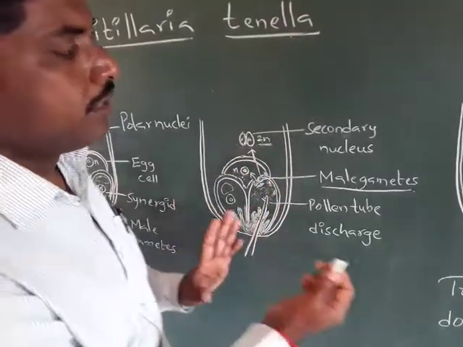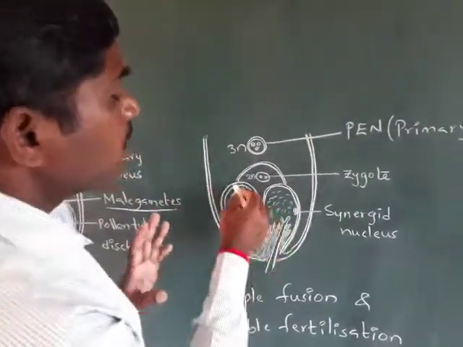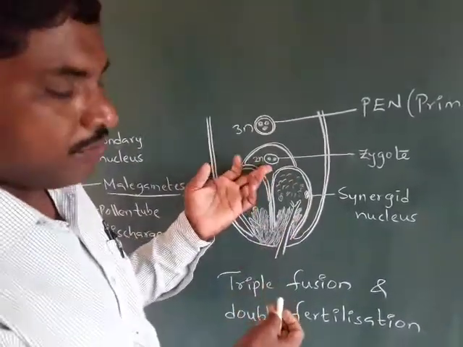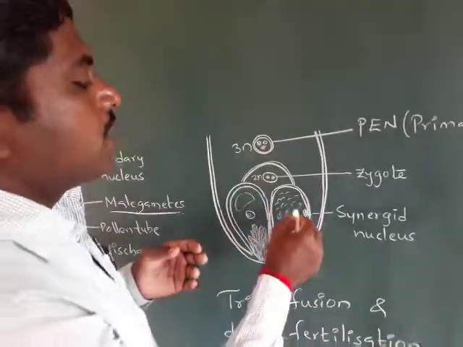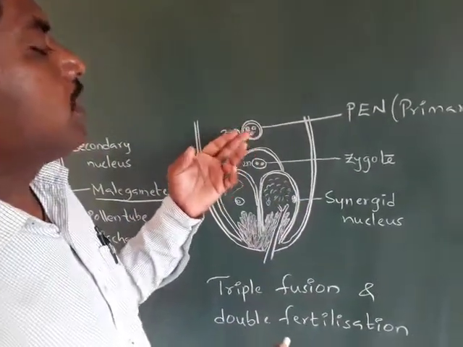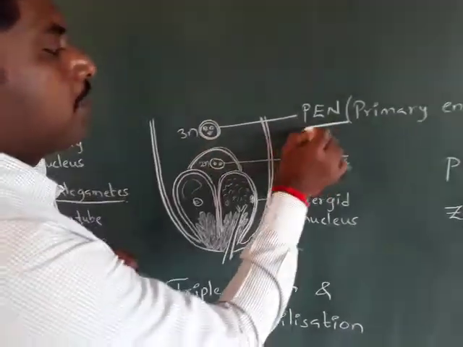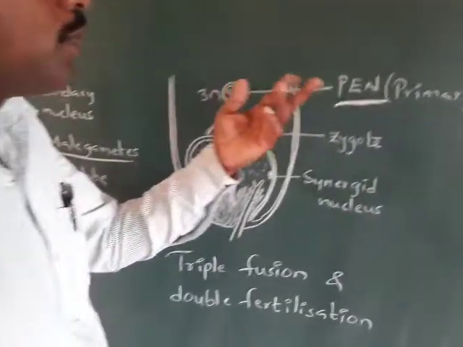Then what will happen? One male gamete fuses with the egg cell and forms the zygote. This zygote develops into an embryo. The other male gamete fuses with the two polar nuclei and forms the primary endosperm nucleus.